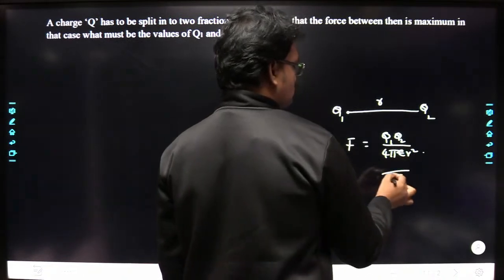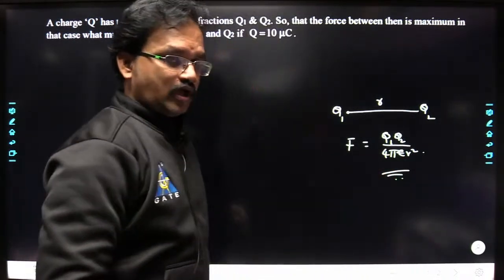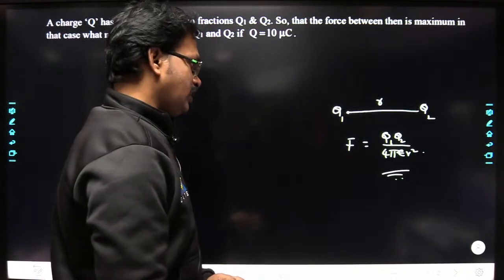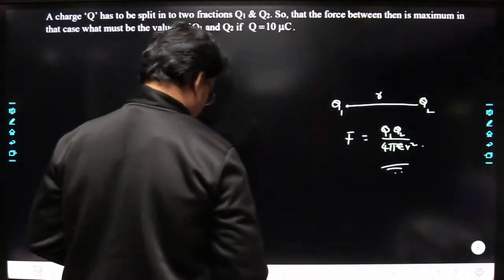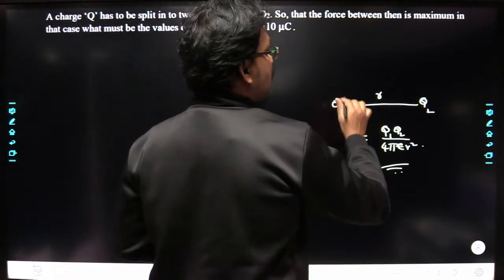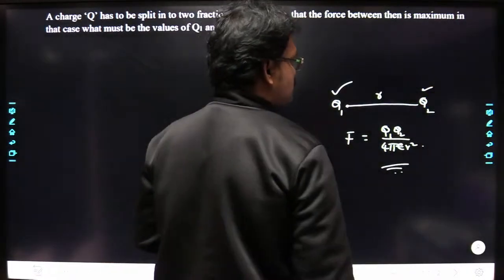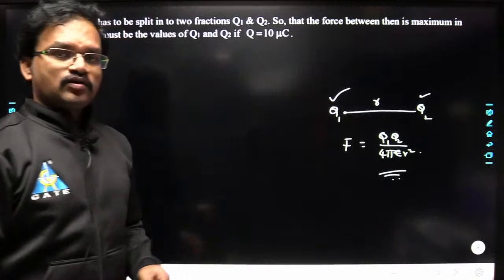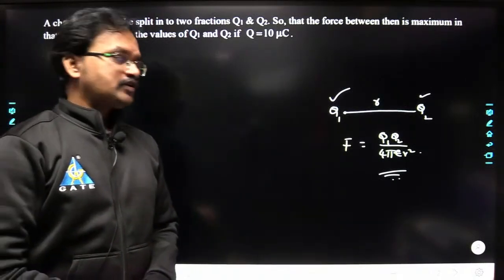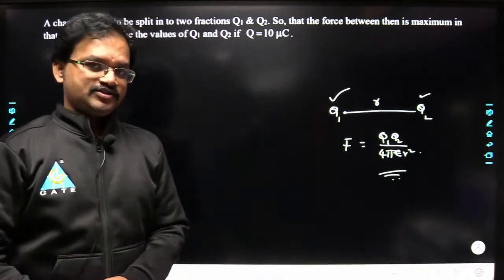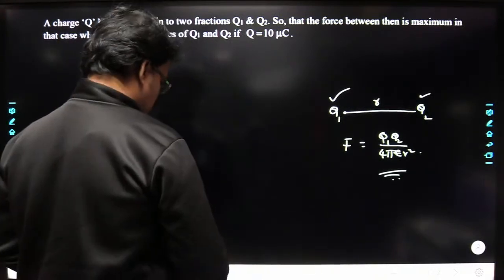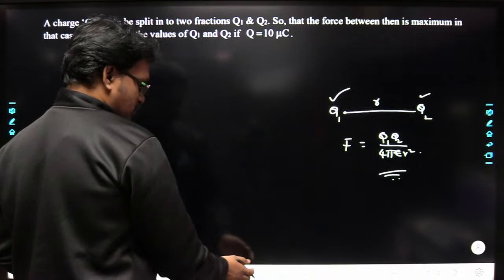If the two charges are of same polarity, then they are going to repel each other. If the two charges are of opposite polarity, then they are going to attract each other, right?